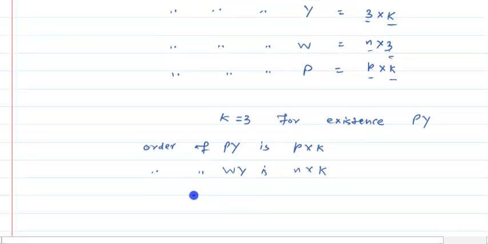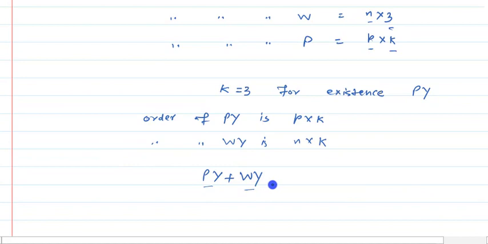Now we need to find PY plus WY. So the order of PY is p by k and the order of WY is n by k. The possibility of adding PY and WY is only when p is equal to n, because we know that for the addition of two matrices their orders should be equal. So we can write that PY plus WY will exist when p is equal to n.